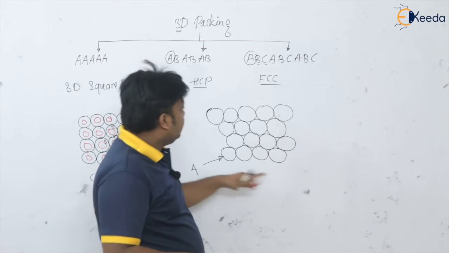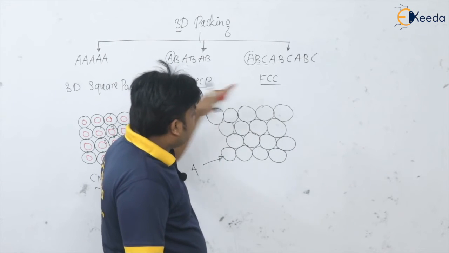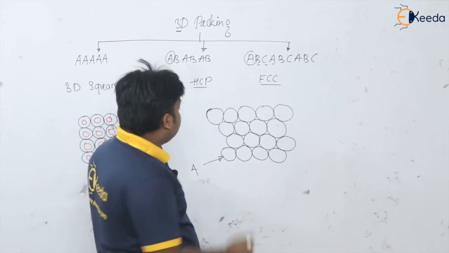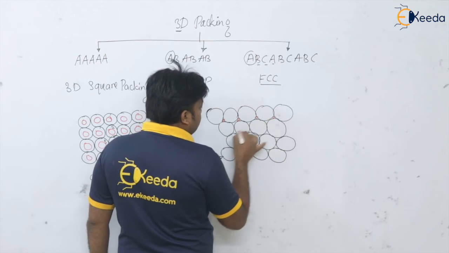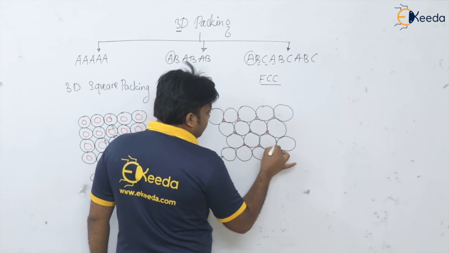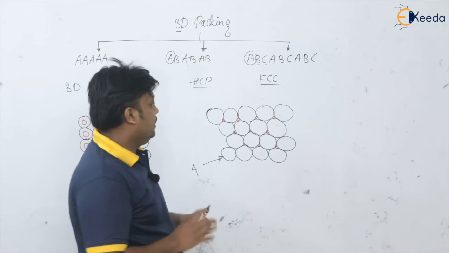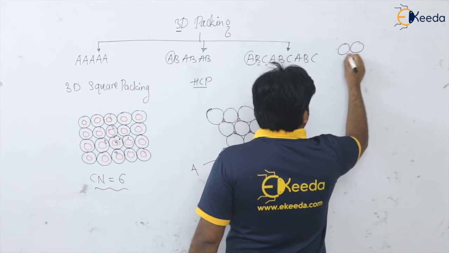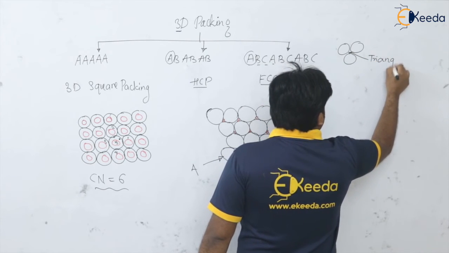If I take this layer in the HCP sequence we have taken, then this void is nothing but where we can see the top of the atom below it, isn't it? I am showing it with the red pen. Now, whenever there are three atoms, the void created because of these three atoms is known as a triangular void, isn't it?